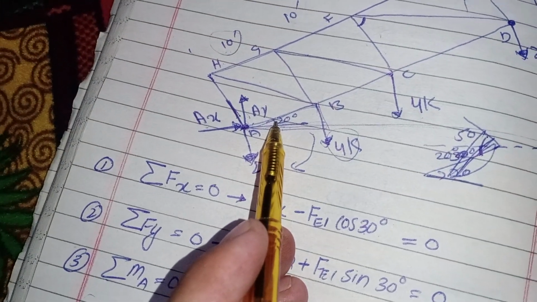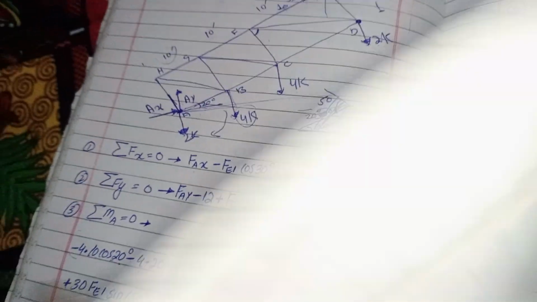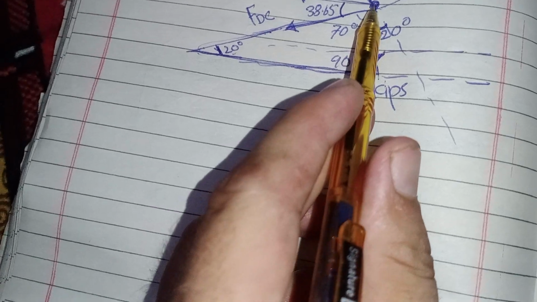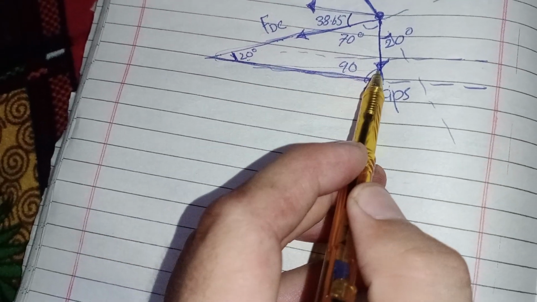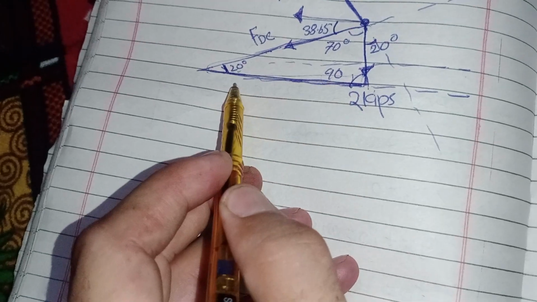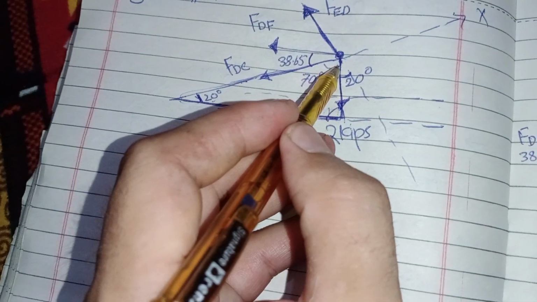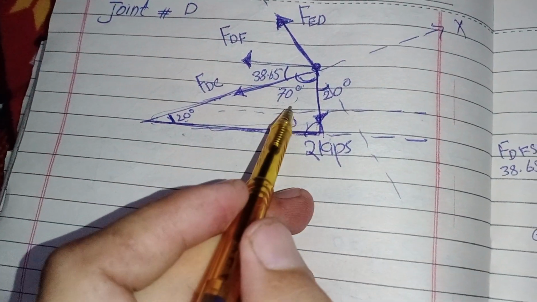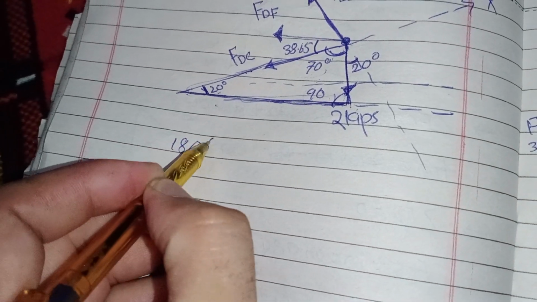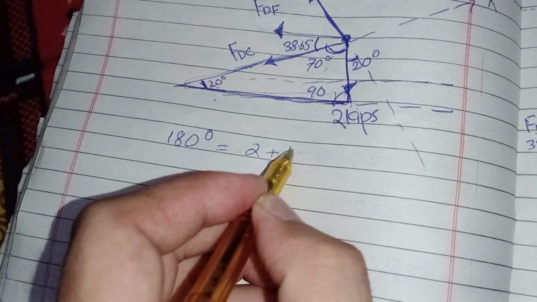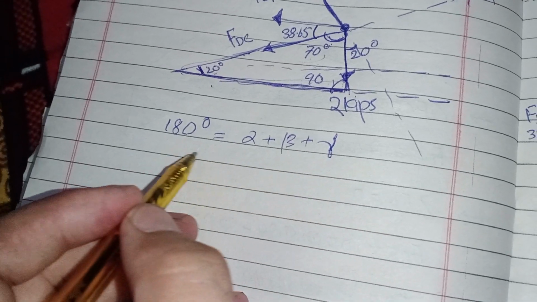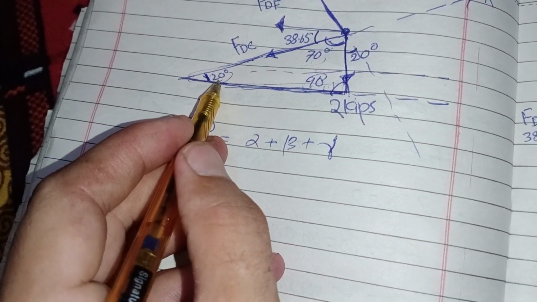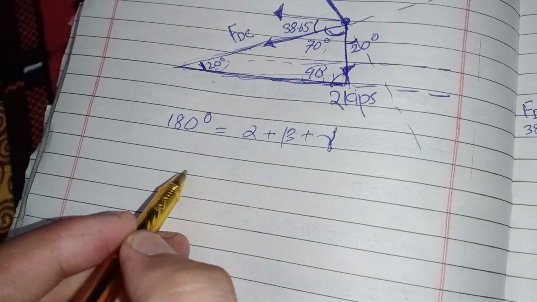This force is perpendicular to this horizontal axis, so it will be 90 degrees, and this one is not found to us. There are 180 degrees in a triangle. Alpha plus beta plus gamma equals 180 degrees. So let's say alpha is 90 degrees and beta is 20 degrees, and gamma is not known to us.